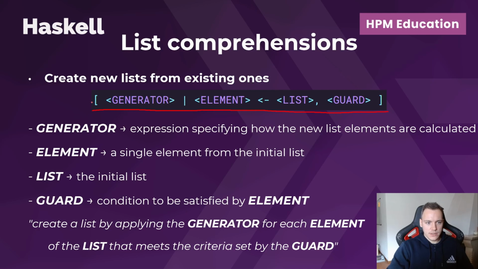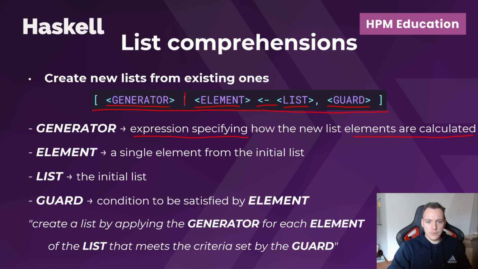So let's see what all of these terms mean. The generator is the expression that specifies how the new list elements are calculated. So the generator will be what the actual values in the new list will be. The element is a single element from the initial list, so from this list.